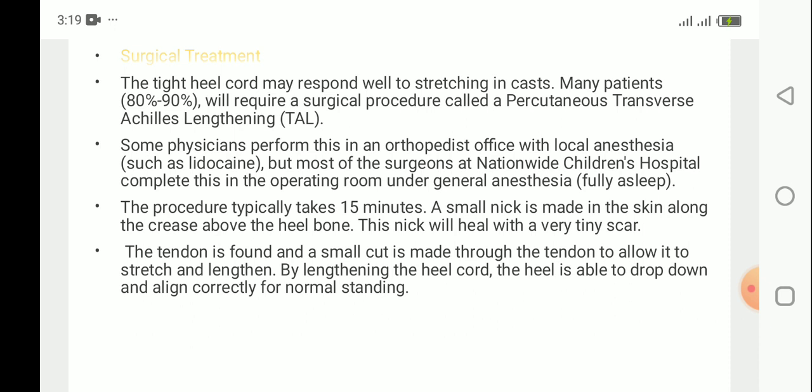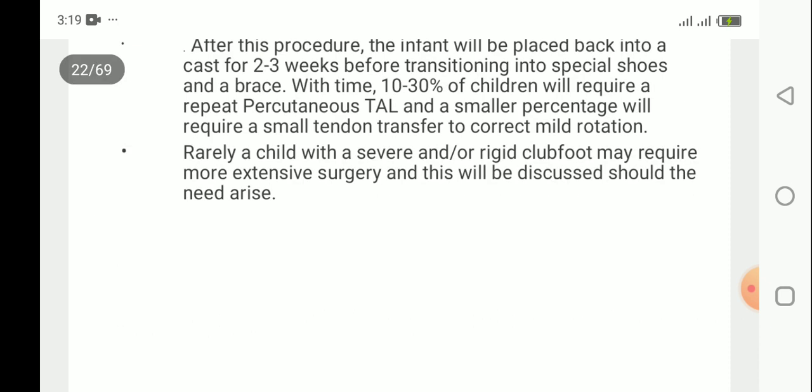The tendon is found, and a small cut is made through the tendon to allow it to stretch and lengthen. By lengthening the heel cord, the heel is able to drop down into the normal standing position. After this procedure, the infant will usually be placed back into the cast for 2 to 3 weeks before transitioning into the special shoes and brace.